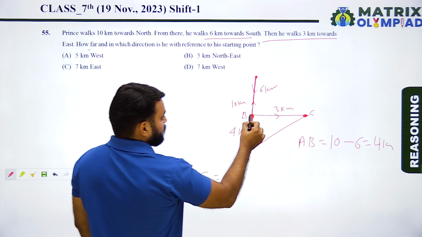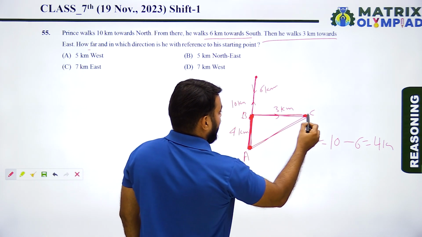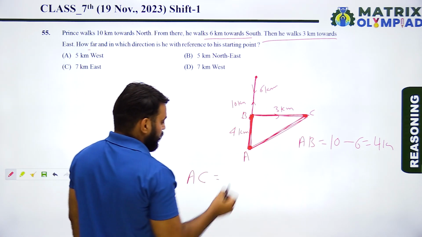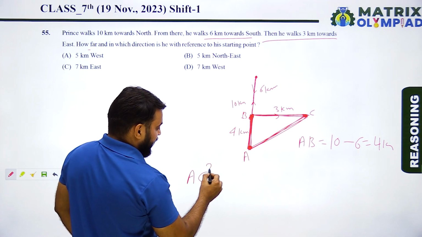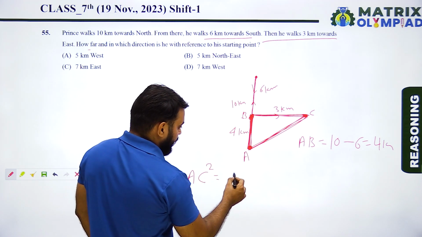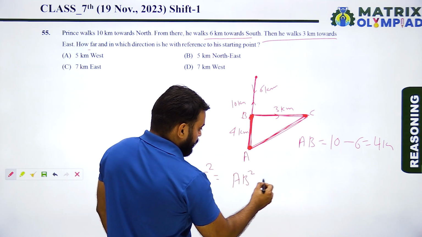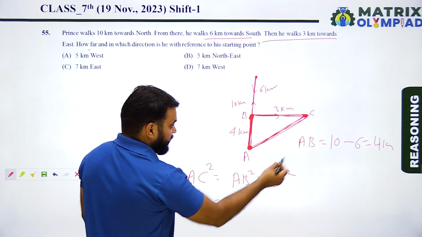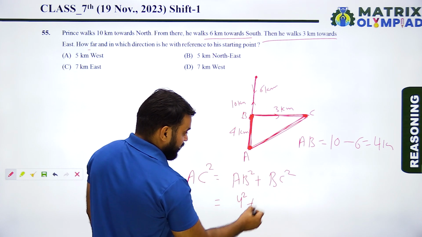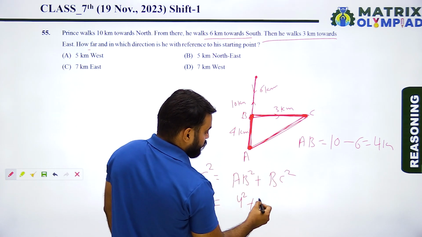Now using Pythagoras theorem in this right angle triangle, hypotenuse square, that is AC square, is equal to perpendicular AB square plus base BC square.